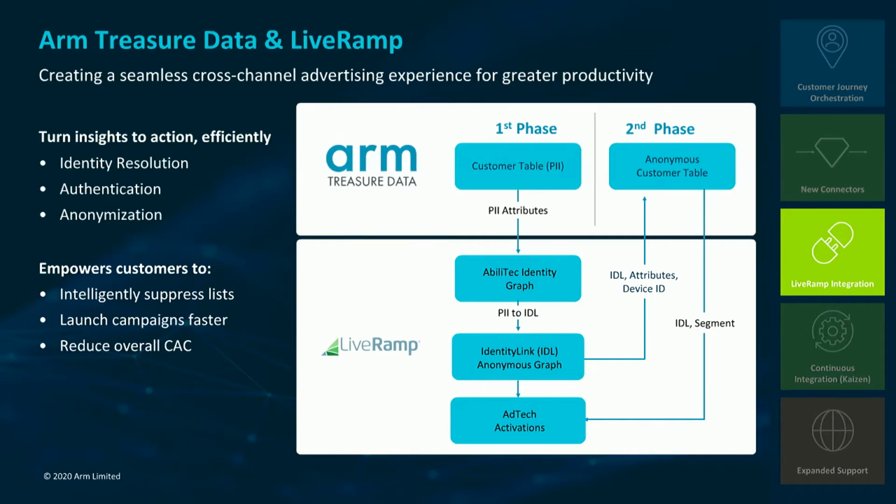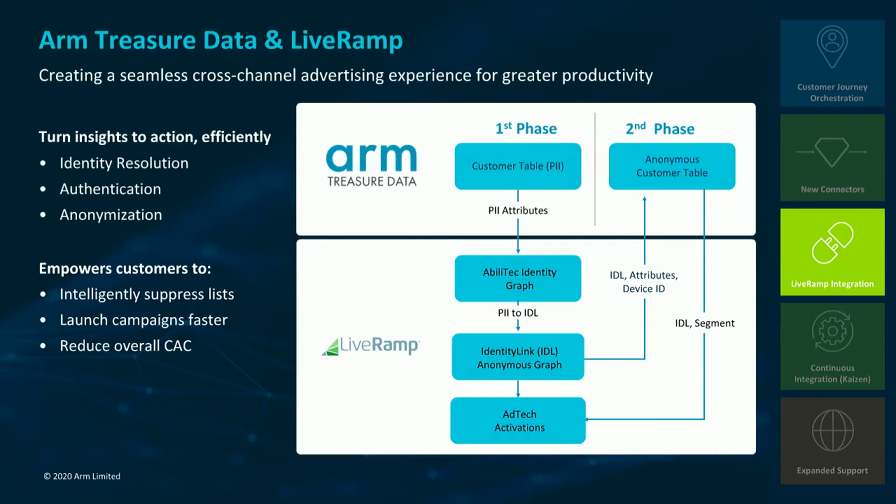So with that integration, what you're getting, of course, is the identity resolution. The authentication to LiveRamp is happening automatically, and the anonymization of your data is happening through the LiveRamp platform. We're doing this in a couple of phases.